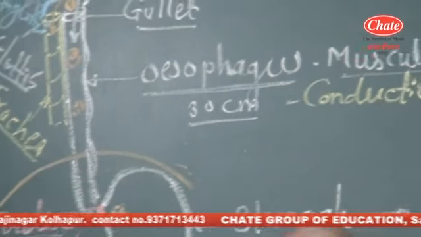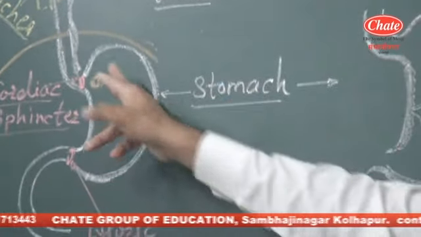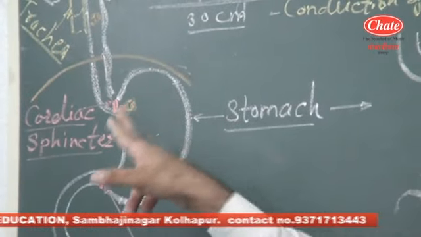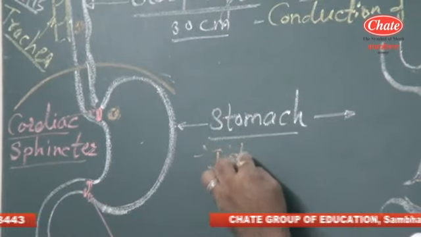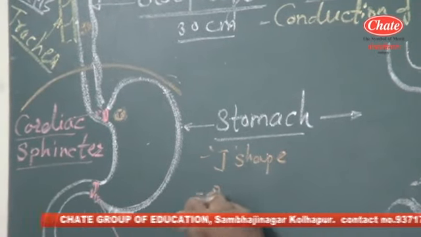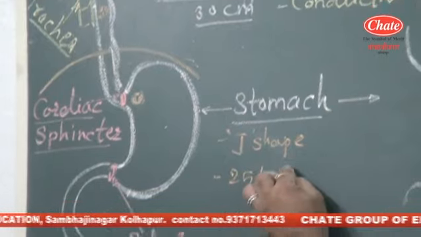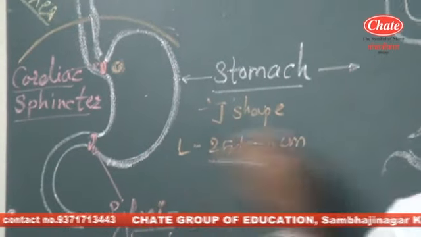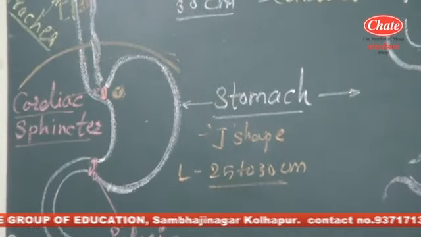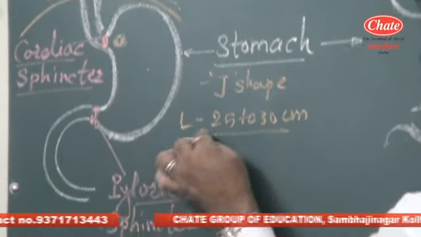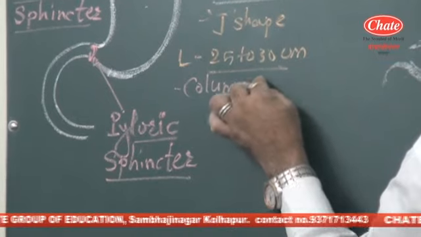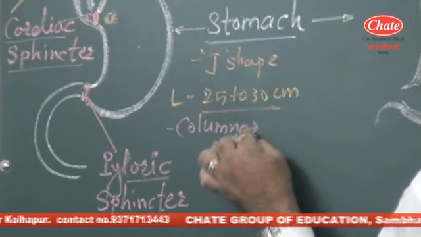Now concentrate on the stomach. Stomach is somewhat J-shaped. Average length of stomach is 25 to 30 centimeter. This stomach is internally lined by columnar epithelium.